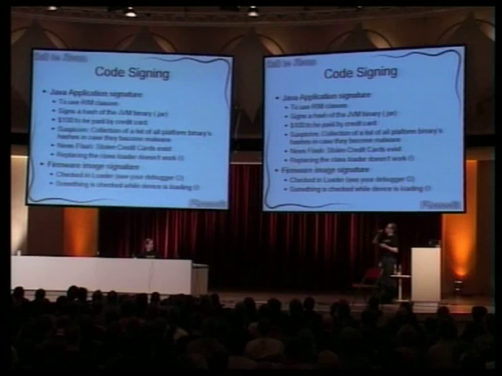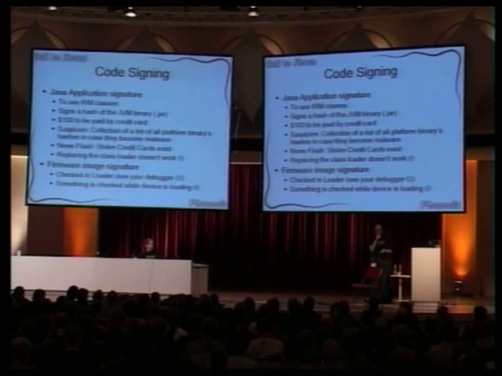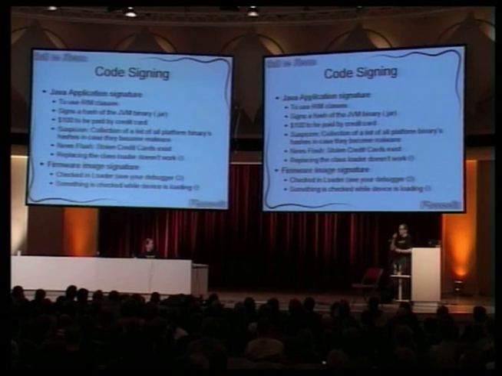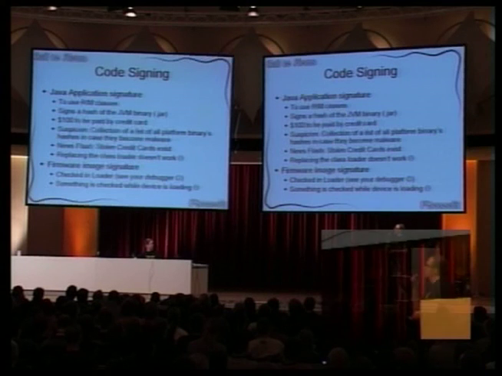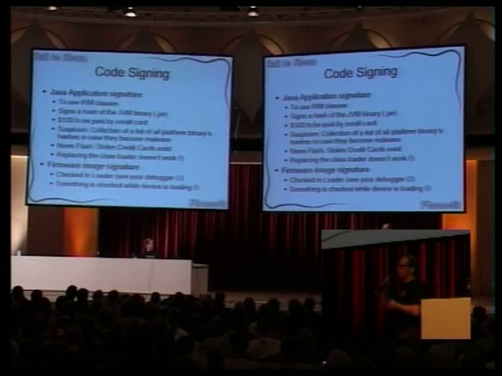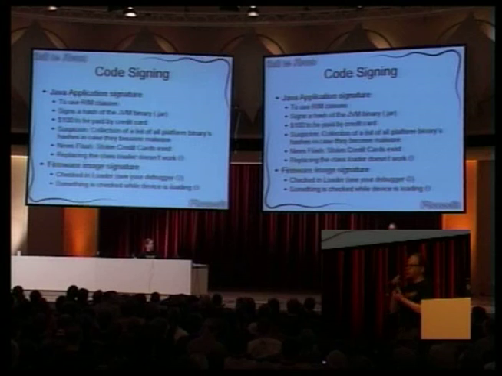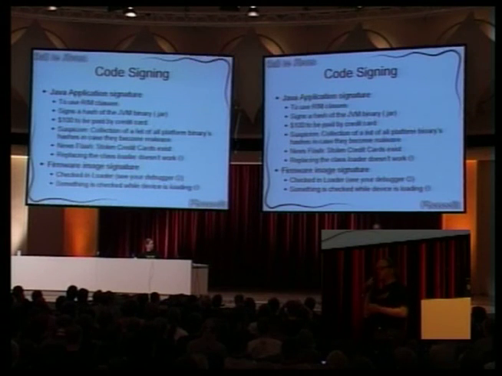Now, to do that, you have to pay $100 once to RIM, and this is a way of authenticating you, and you have to fill out a huge form saying what company you work for and stuff. But that's the only cost you have. And then you send in the binary, you have your user account, and you can get the hash signed and then everything works.